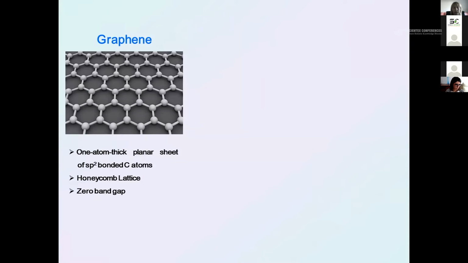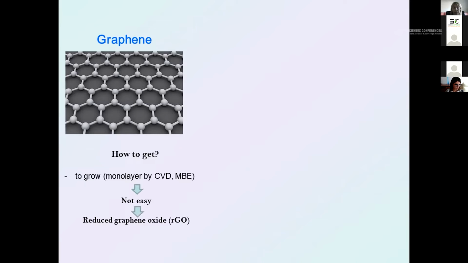It is one layer of carbon, and in theory, it's an ideal material with high surface area, high electrical conductivity, and very nice mechanical properties, but it is very difficult to obtain. A monolayer can be prepared by chemical vapor deposition or molecular beam epitaxy, but it's not so easy. Moreover, we can prepare only a small size of graphene.